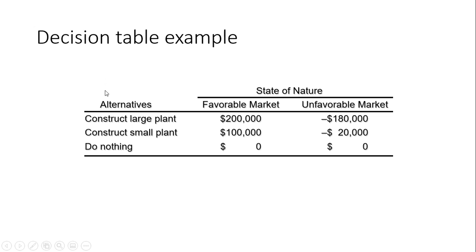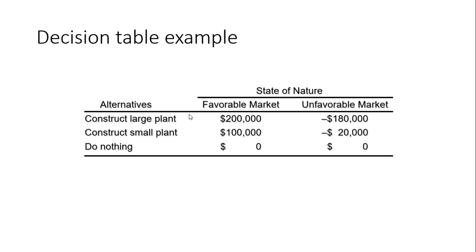They are called alternatives. While favorable market and unfavorable market are called states of nature. State of nature are the circumstances that your alternatives will be found in. Again, state of nature is the circumstances that you will be found in.